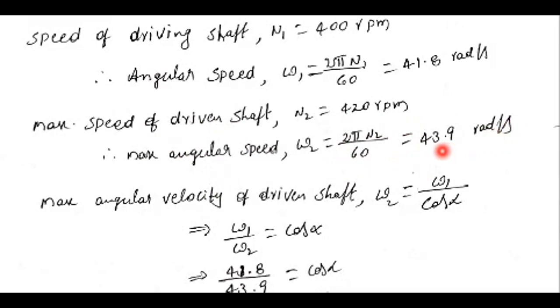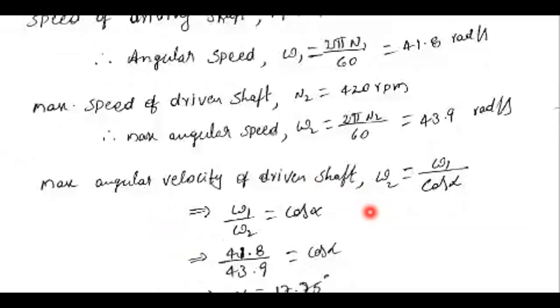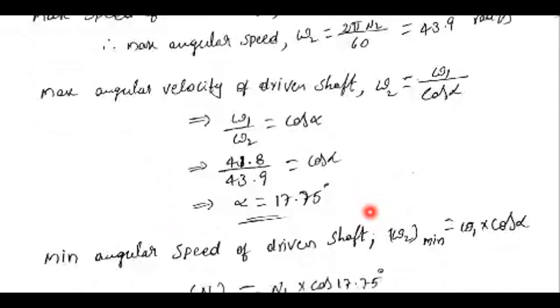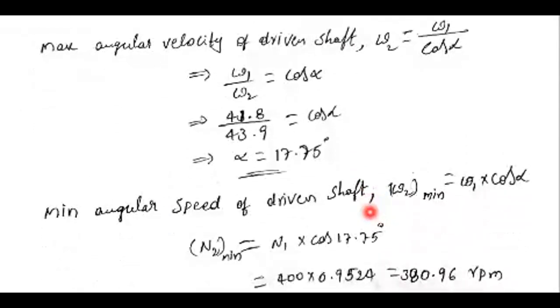Now, the maximum angular velocity of the driven shaft, omega 2 equals omega 1 by cos alpha. We have the relation between omega 1 and omega 2 from our derivation and analysis of the Hooke's joint.